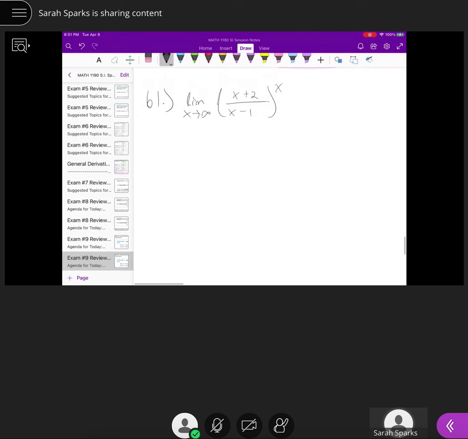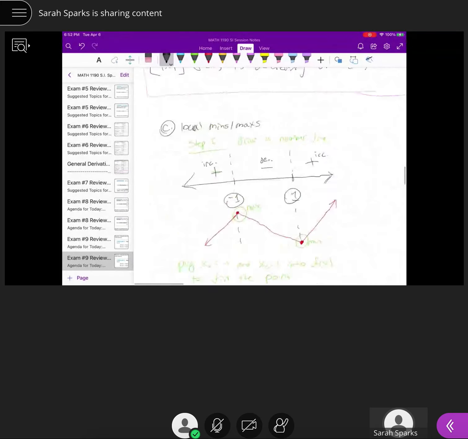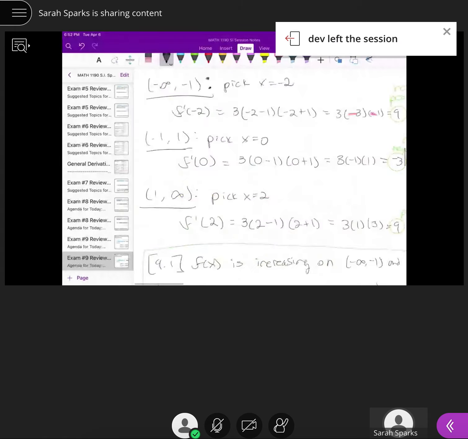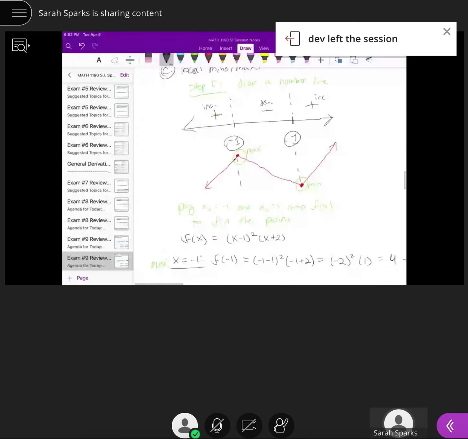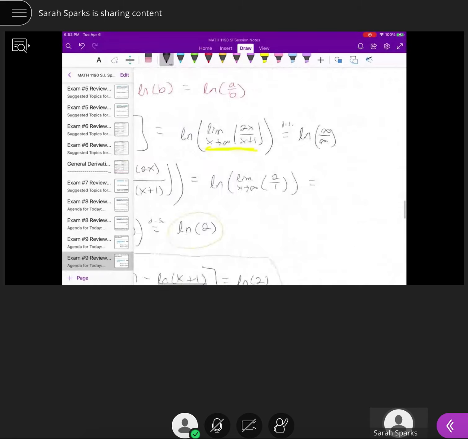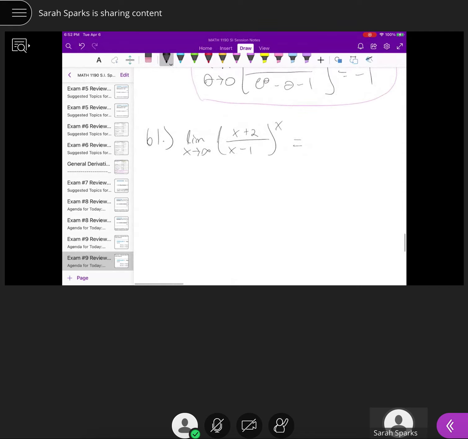Okay. So when we evaluate this, I'm not sure of this. Sorry, I'm trying to scroll back up to see where we wrote our indeterminate form.